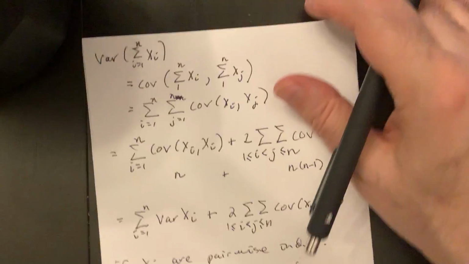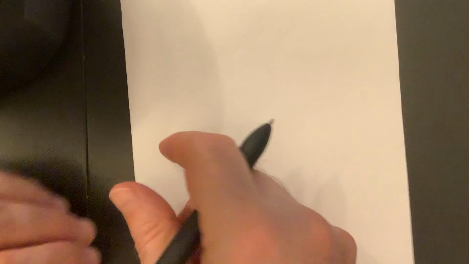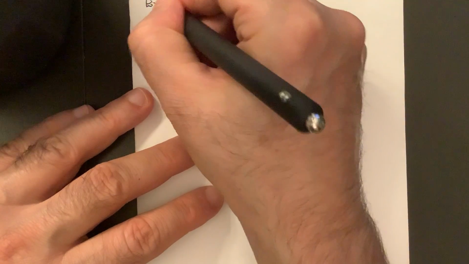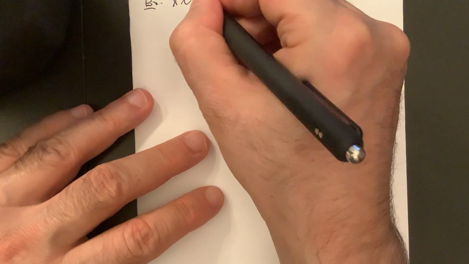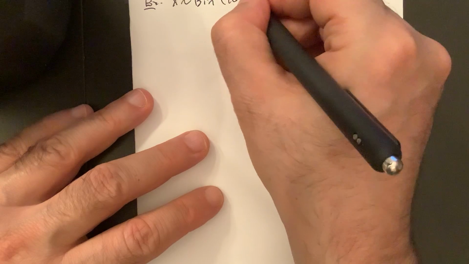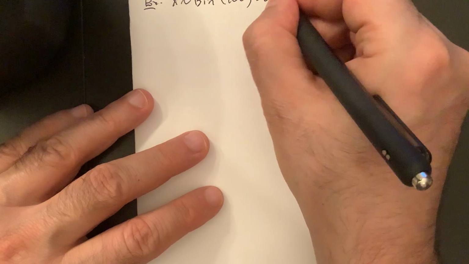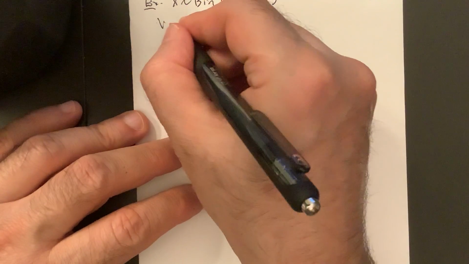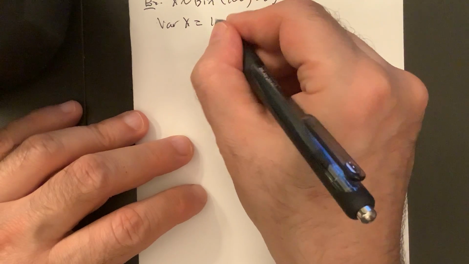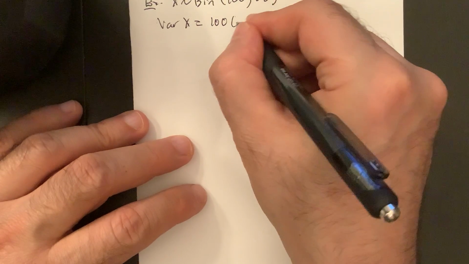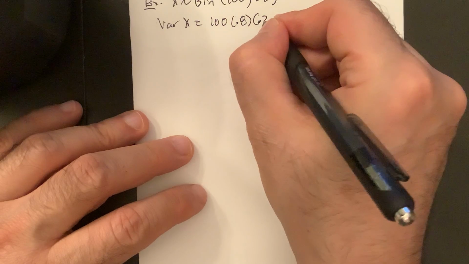For example, suppose x is binomial 100 and 0.8. Then the variance of x equals 100 times 0.8 times 0.2.